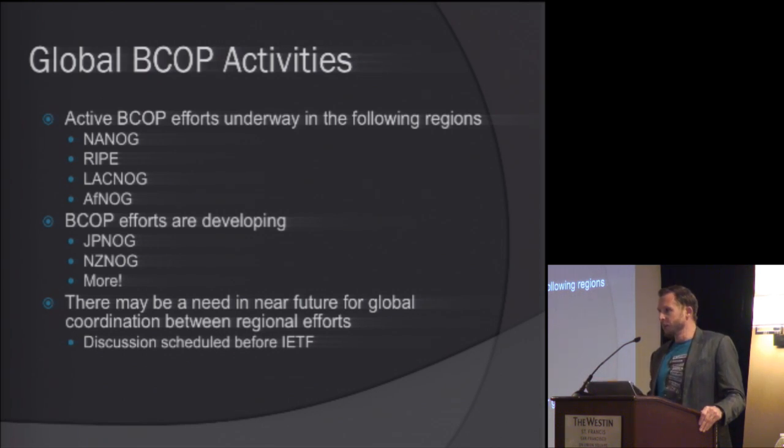LACNOG and AFNOG both have started efforts within those communities, and they've all kind of followed alongside of NOGs. And there's also several smaller NOGs around the world. The Polish Network Operators Group, PLNOG, in Japan, JANOG, and several others have kind of taken on this effort to either work on documents actively or also translate documents into their native language to help out.